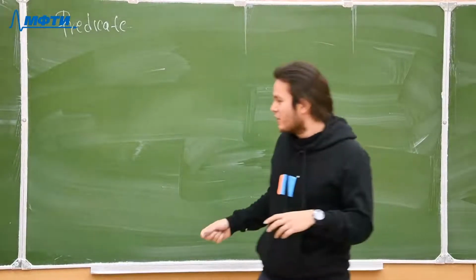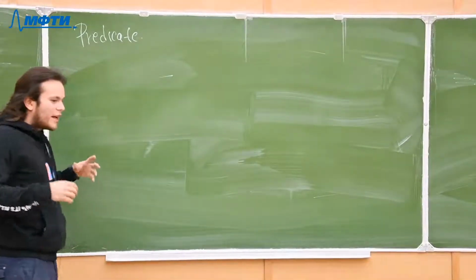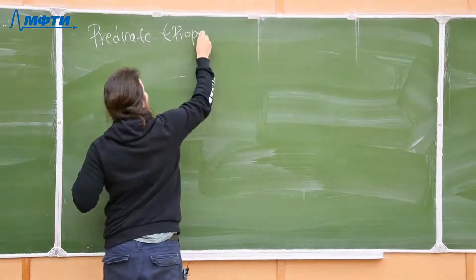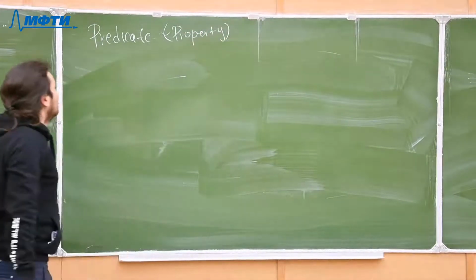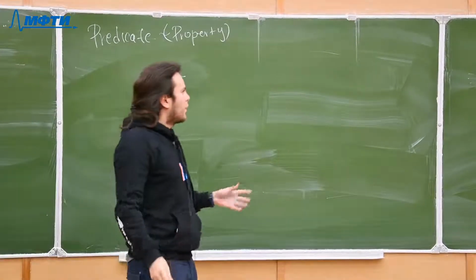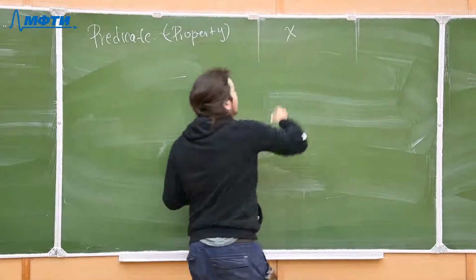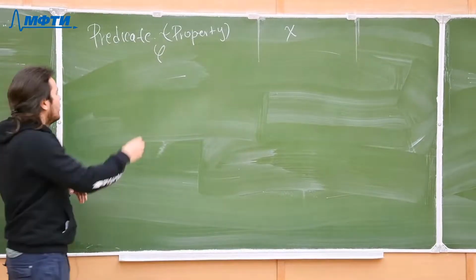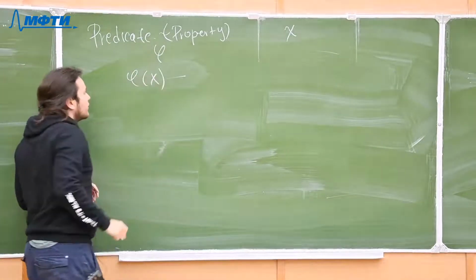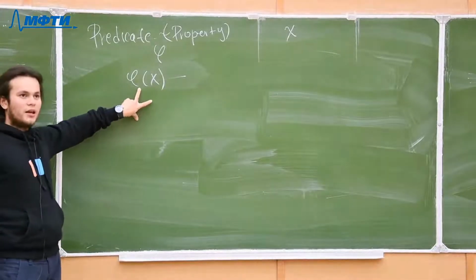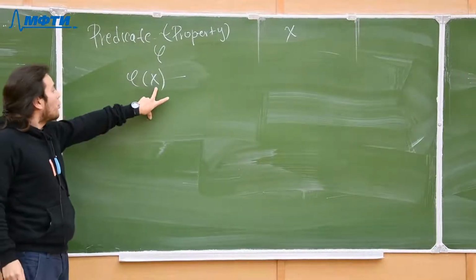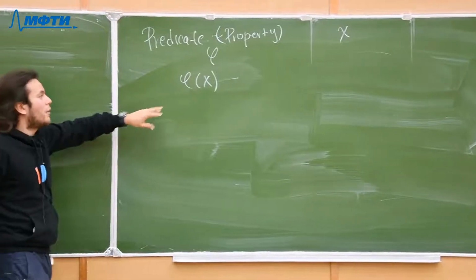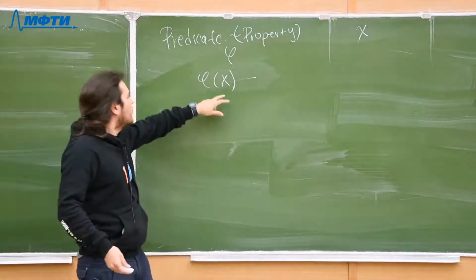So a predicate, I would like to call it a property. Why? Because if we have x and some predicate phi, then writing phi of x means that x has this property, that for x, property phi holds. For some values this can be true or false.